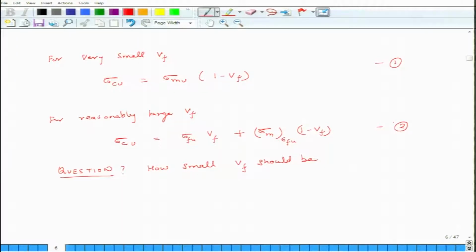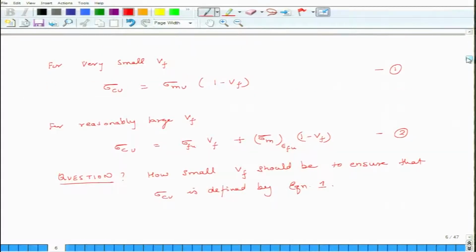So, the question is how small Vf should be to ensure that sigma Cu is defined by equation 1. That is what we are interested in understanding.